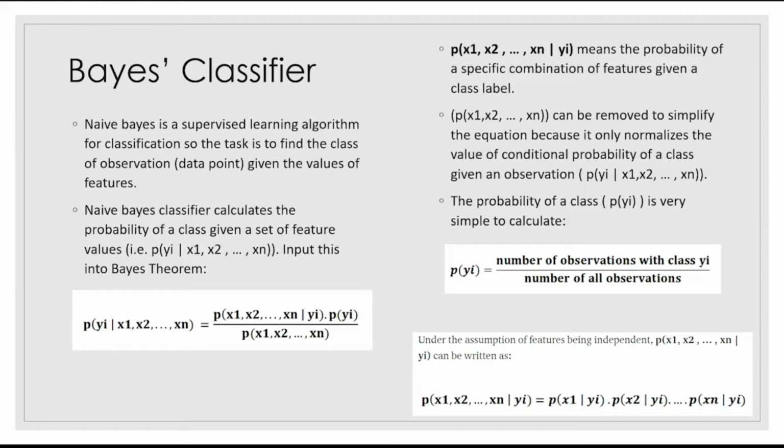The probability of x1, x2 up to xn can be removed to simplify the equation because it only normalizes the value of the conditional probability of a class given an observation, probability of yi given x1, x2, xn, all the features. The probability of a class, P of yi, is very simple to calculate with the following equation.